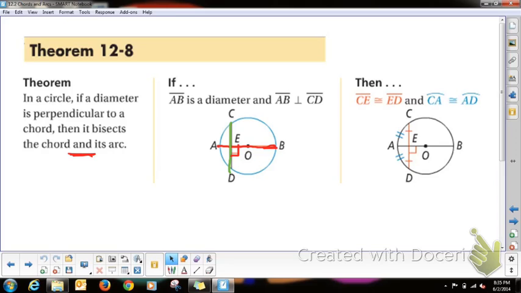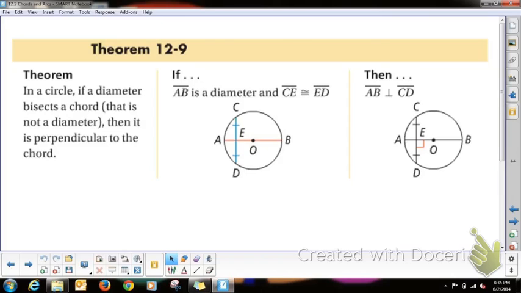So because AB was perpendicular to CD, it bisected CD, bisect means to cut it into two congruent segments, and it bisected the arc. So arc CA is congruent to arc AD. So because this was a diameter and it was perpendicular, then we know CE is congruent to ED and arc CA is congruent to arc AD.